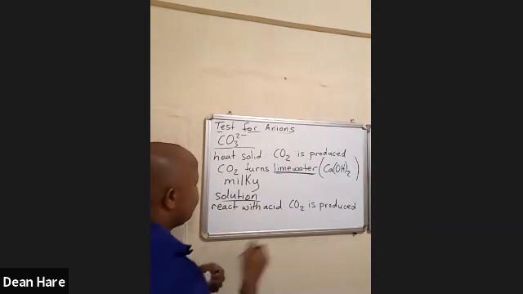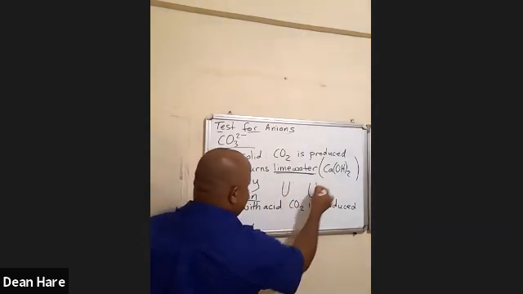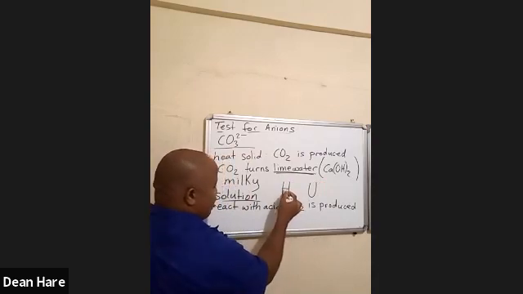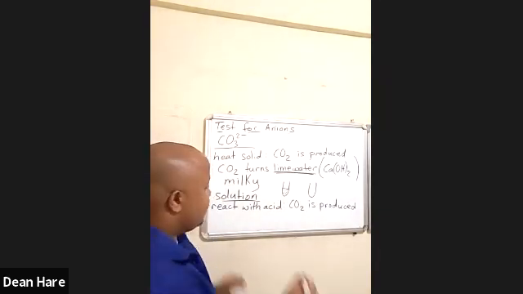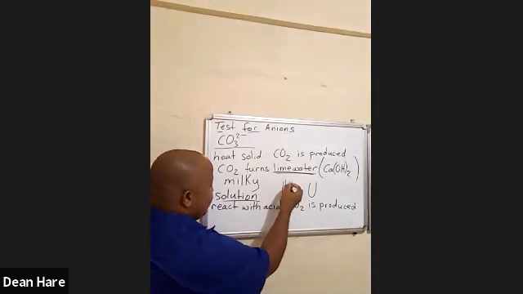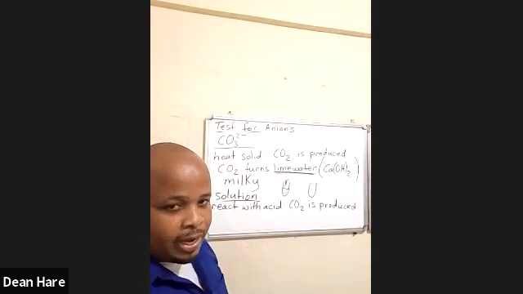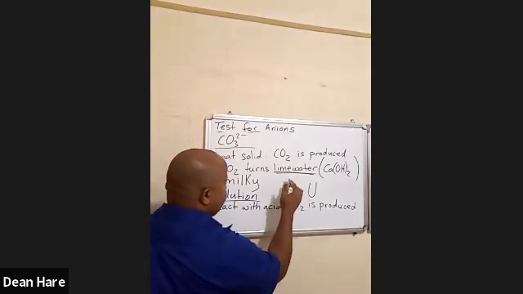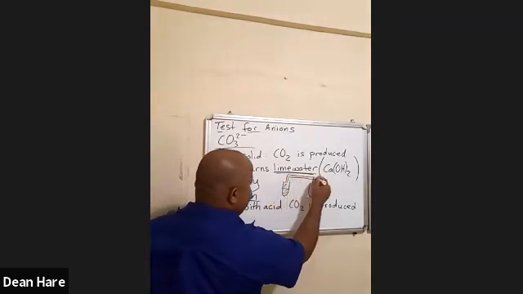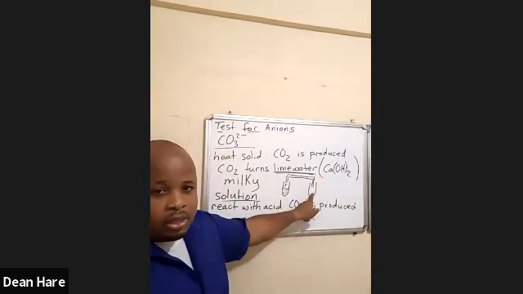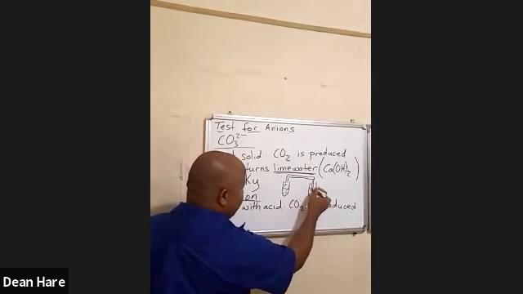So you have two test tubes, and you have the acid and the carbonate in this one. When it reacts, it is going to produce carbon dioxide, but the carbon dioxide is not allowed to escape. So I placed a tube in both of the test tubes. This one has calcium hydroxide, which is the lime water.